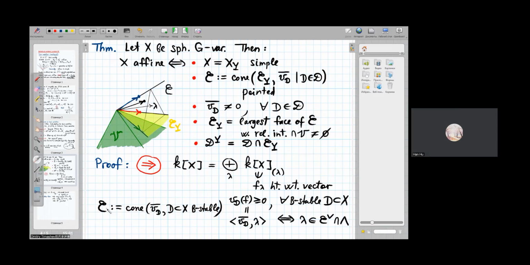All these vectors generate the cone C, and lambda takes positive values on all these vectors. This means that the cone C lies on one side of the hyperplane defined by this vector lambda, with the perpendicular direction lambda, if you like. This means that C is pointed. Okay? So we have proven this property. We do not know yet that C is this cone, but for the cone C which we defined, we have proven this property.